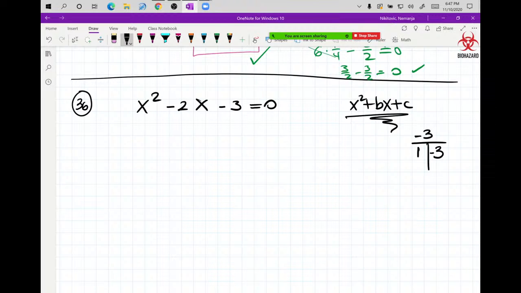This is the last class where you guess the two numbers. And as you can see, 1 minus 3, that's a negative 2. So we can just write this as x plus 1, x minus 3, and now zero product rule.